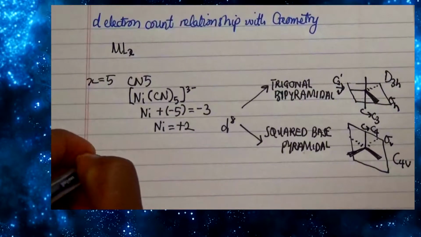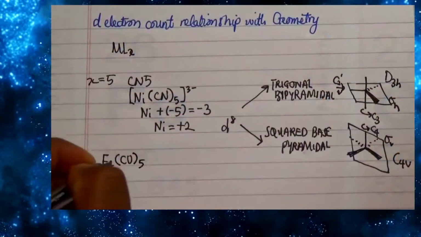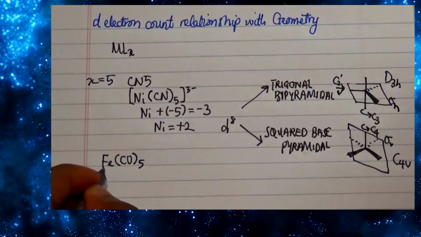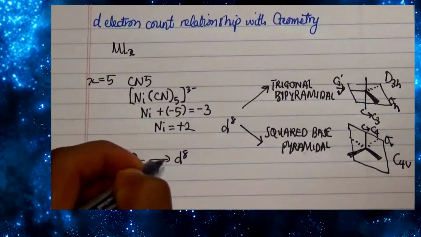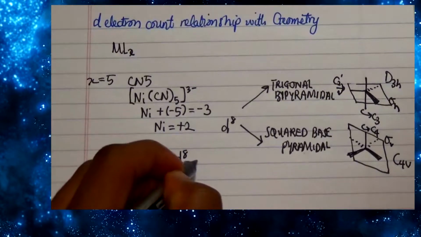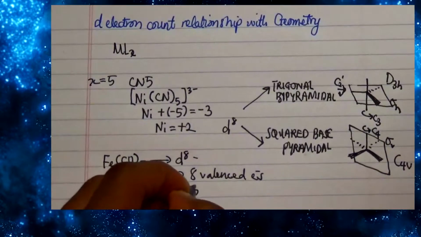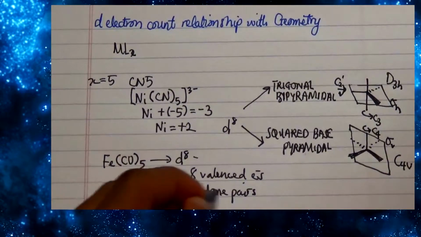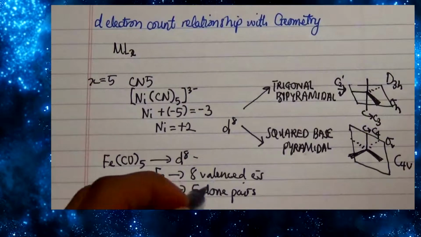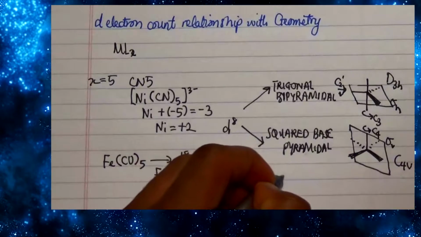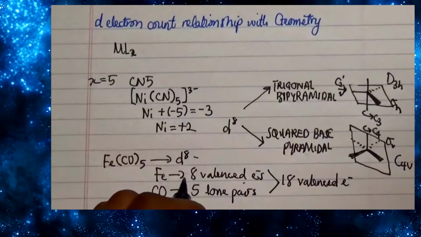This compound is iron pentacarbonyl, with 5 carbon monoxide ligands attached to this ion, where iron is a d8 ion with 8 valence electrons, and carbon monoxide donates 5 lone pairs. Once this donates 5 lone pairs of electrons to the ion, the total is 18 valence electrons in the overall coordination complex.